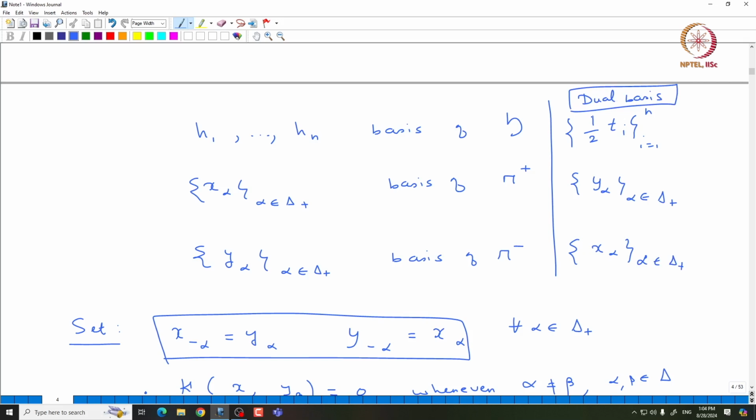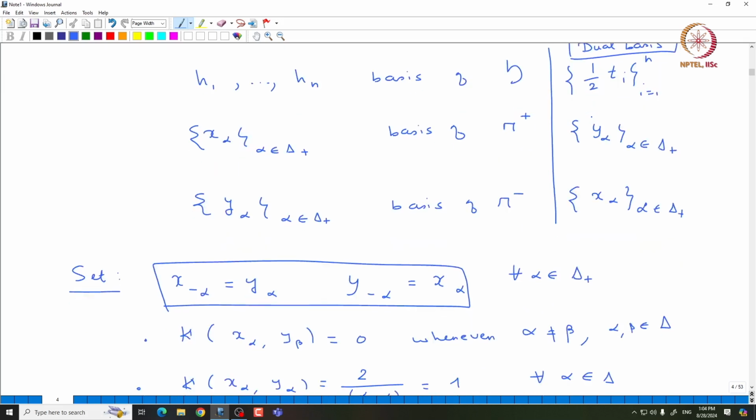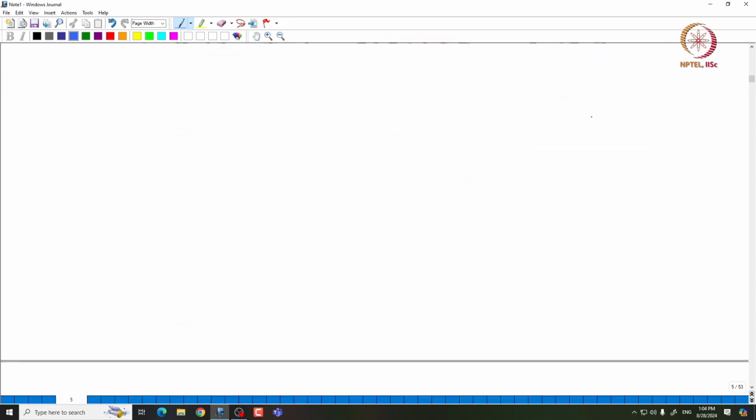Now with this dual, let us actually compute what the Casimir element will be. If we rewrite the Casimir element, we can easily see that, since x_α y_α can be rewritten as y_α x_α plus h_α, because we want to keep x_α always on the right side for α positive, that is why we want to rewrite this.